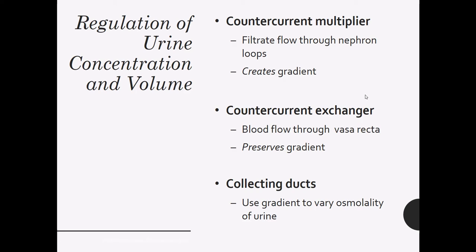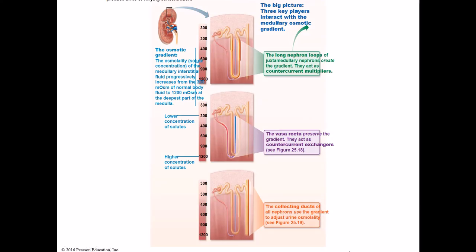This is the blood flow through the vasa recta that preserves the gradient and doesn't muck it up. And then the collecting ducts use that gradient to vary the osmolality, or the concentration, of our urine. So let's look at what I'm talking about here.